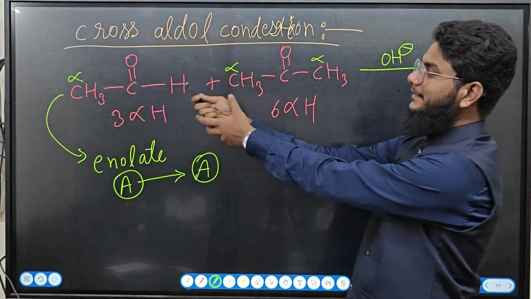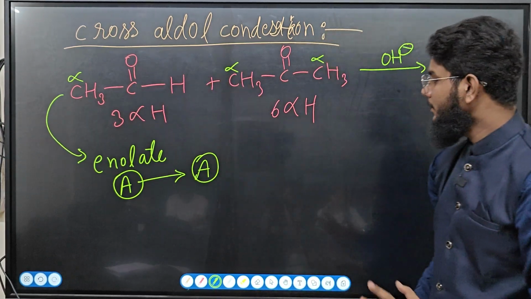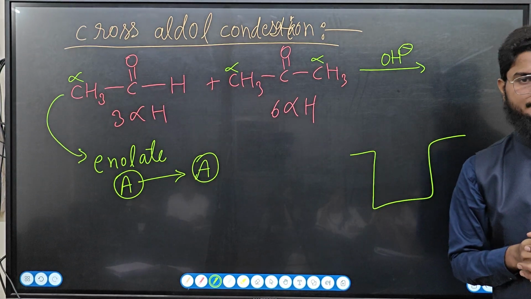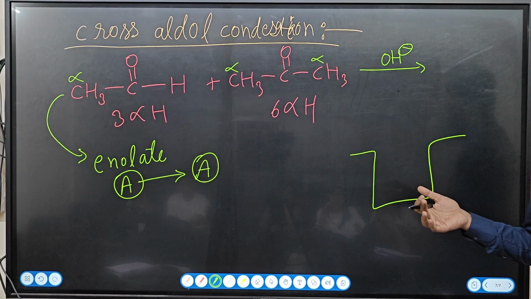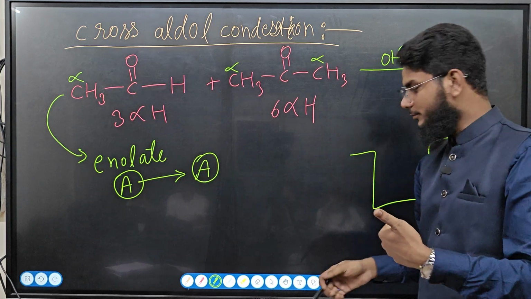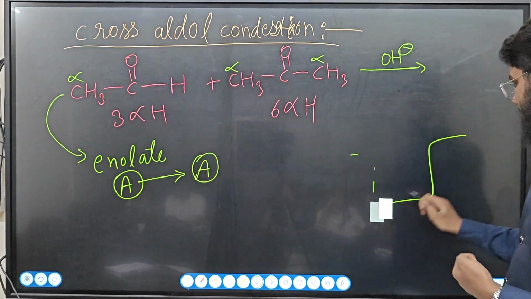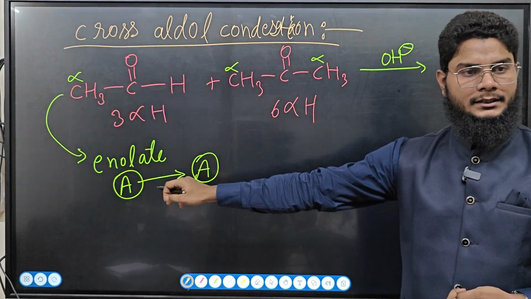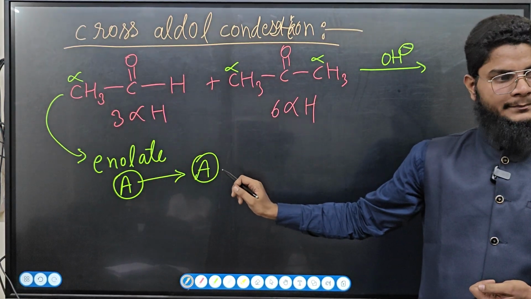It's not like I have written only one, it means one. No, we do the reaction in a beaker or RB flask, and there are so many molecules. It's not only one molecule that can do the reaction. So the first possibility, this A can react with the A, same.